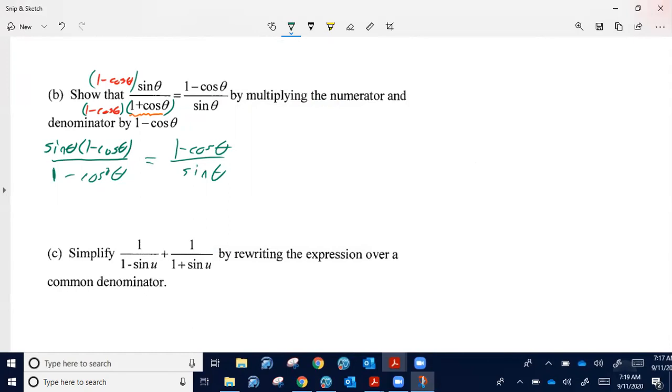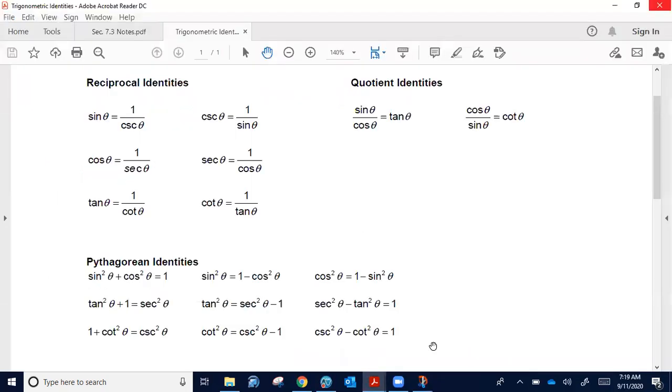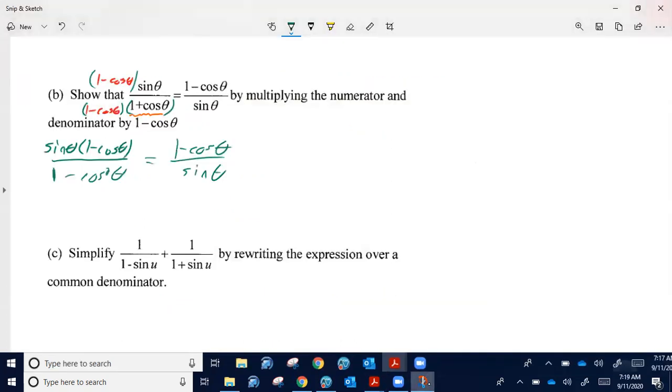So we're here. I got this 1 minus cosine squared on bottom, and that's where that identity sheet comes in handy, where I pointed out here in this middle piece, 1 minus cosine squared is sine squared. Well, that's going to help us because I want a sine on bottom anyways. We get sine of theta times 1 minus cosine of theta over sine squared equal to 1 minus cosine theta over sine of theta.